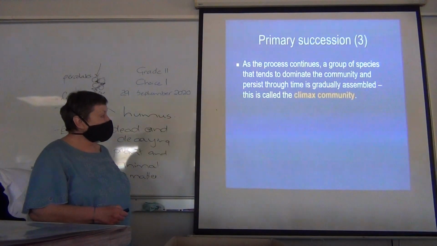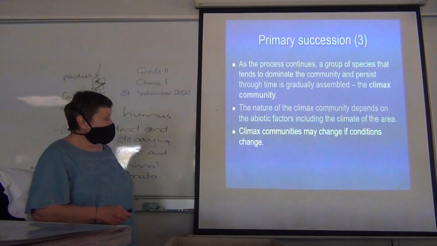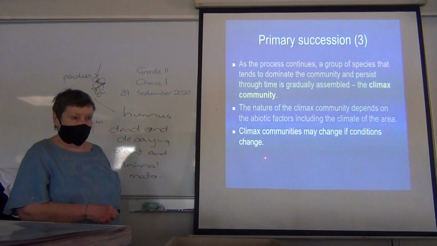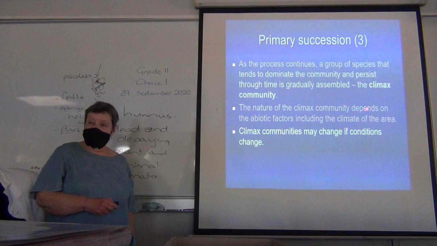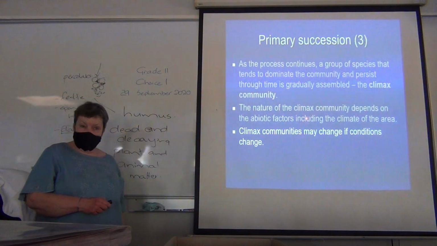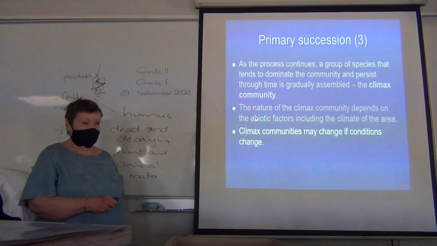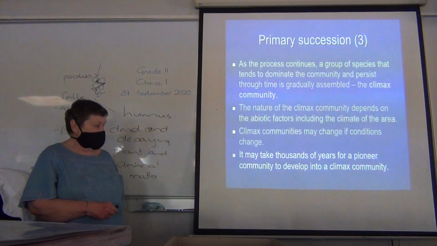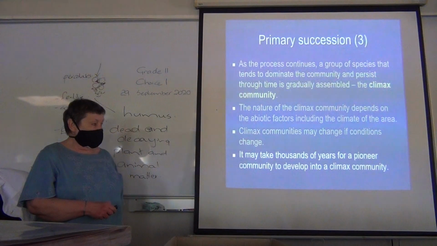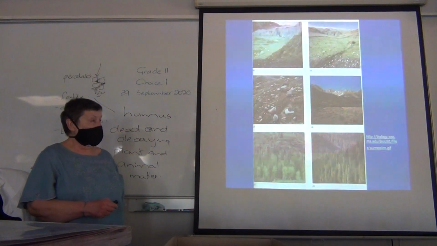Okay. All right, we spoke about that. Climax communities may change if conditions change. In other words, if the climate changes or whatever, then the actual climax communities and the organisms that make them up may change. It may take thousands of years for a pioneer community to develop into a climax.